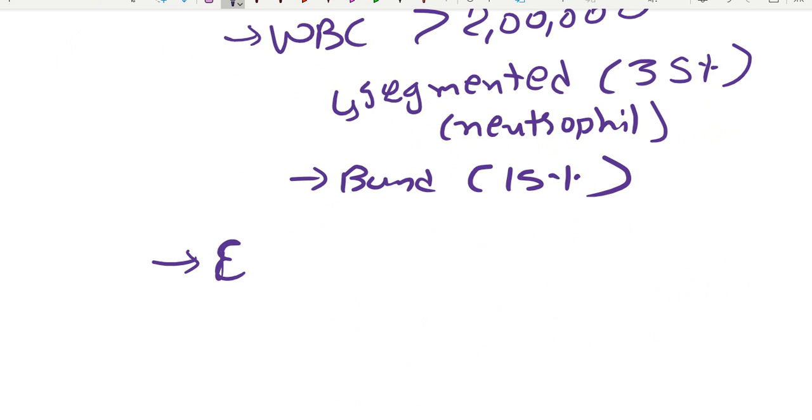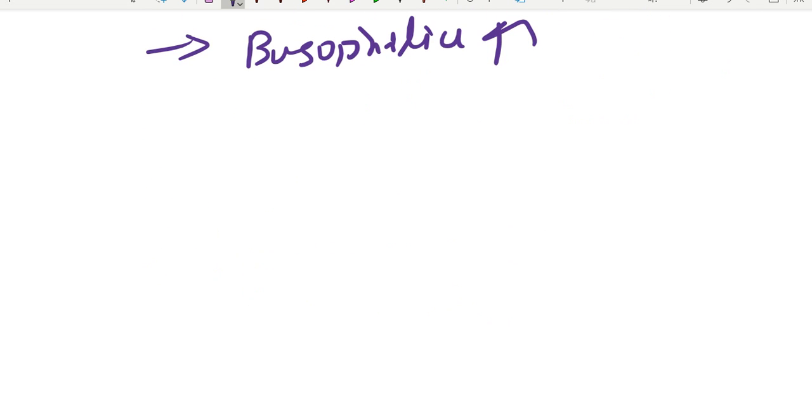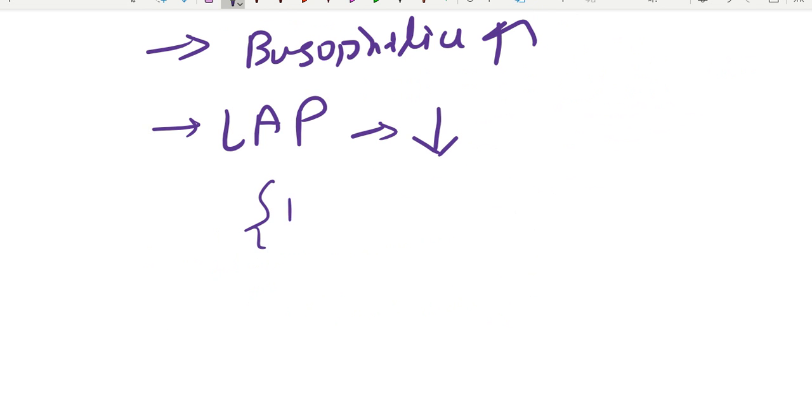Eosinophilia, increased eosinophil count. Basophilia. LAP is low. Another condition where LAP is low is PNH, paroxysmal nocturnal hemoglobinuria.